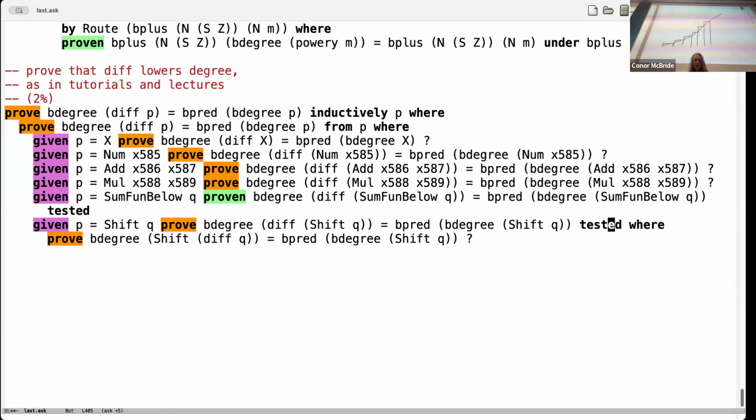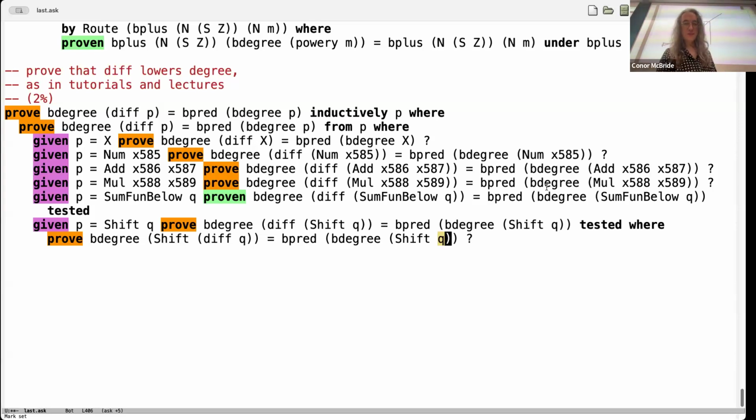We want the degree of shift diff Q to be the predecessor of the degree of shift Q. So we know that the degree of diff Q is the predecessor of the degree of Q. So what is this telling us that shift does with degree?